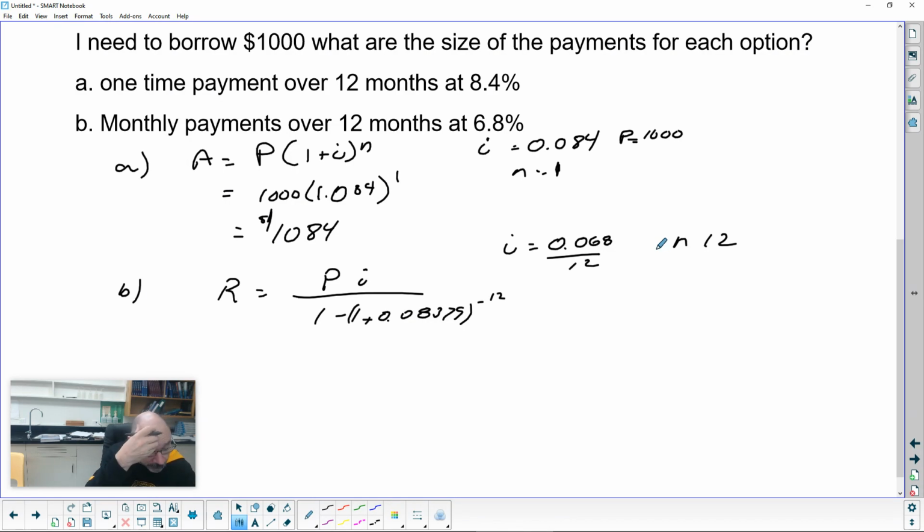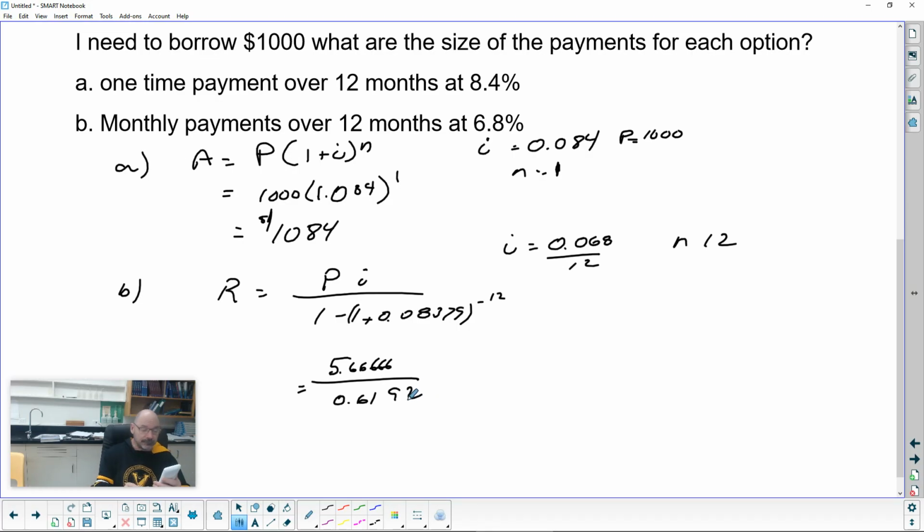And then we're going to subtract that from 1. So our top part, sorry, is 5.66666, and our bottom part is .6192.